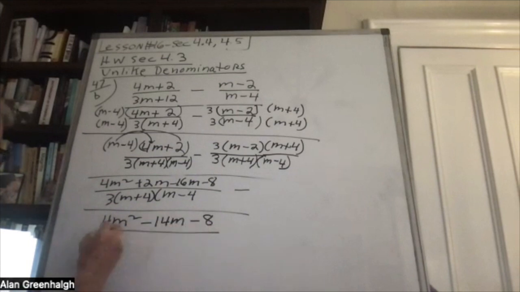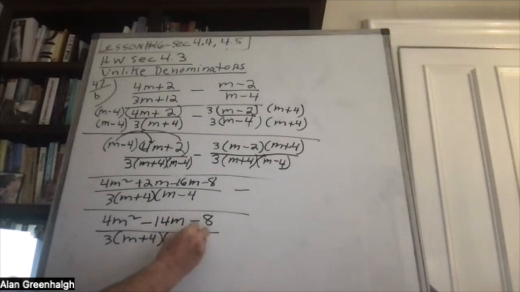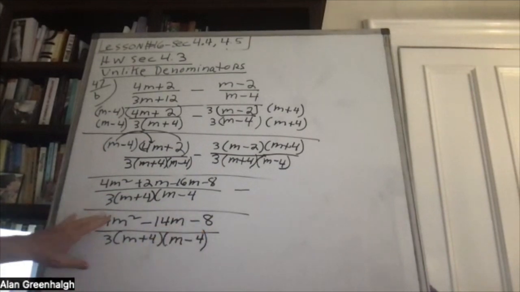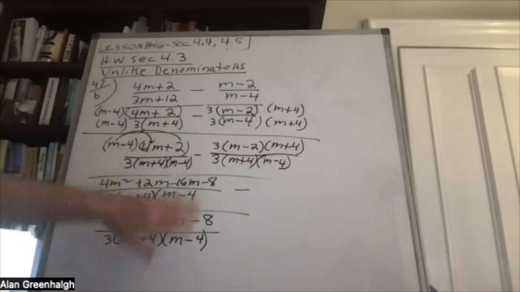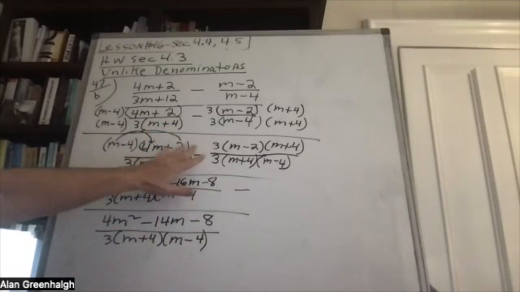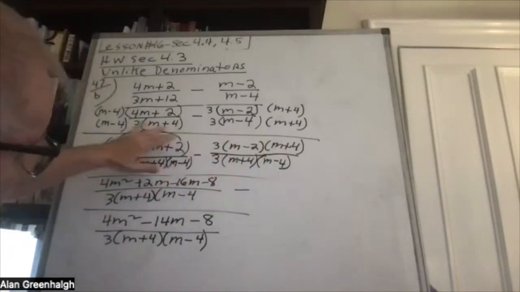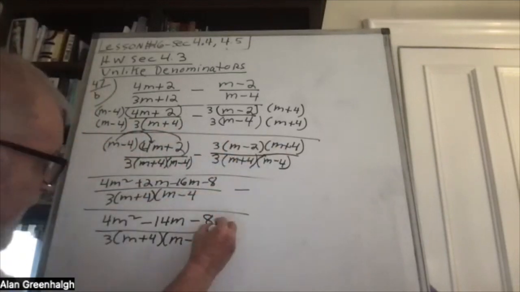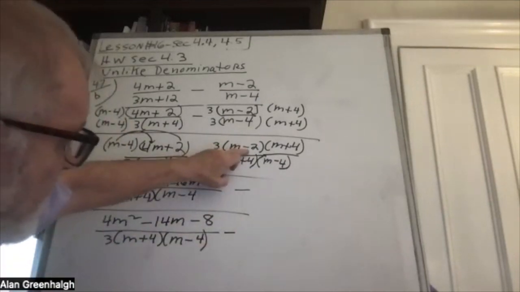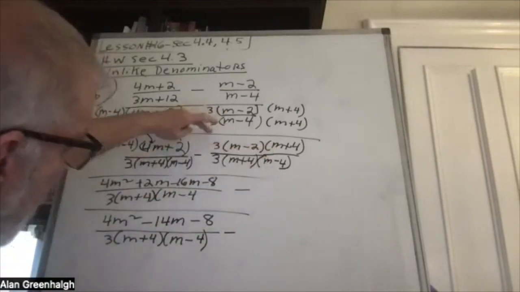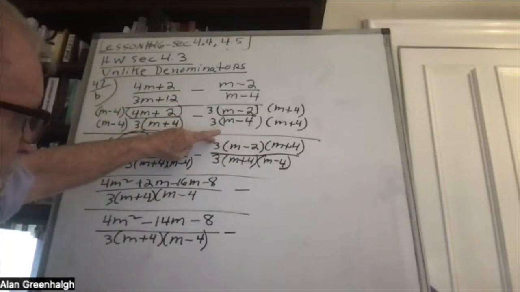It's turning out to be quite a problem, isn't it? I don't even know if this can be factored, but who cares? Right now, we don't care about that. We're just multiplying up here to simplify that. Minus, now, let's multiply these two binomials and then multiply by the 3.